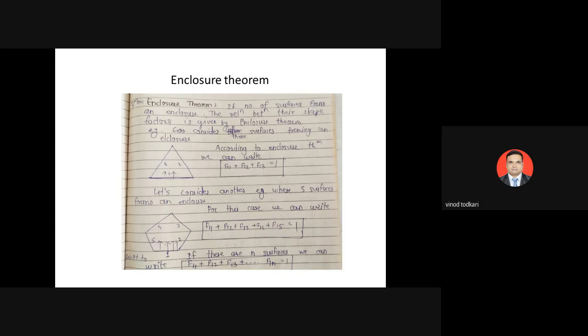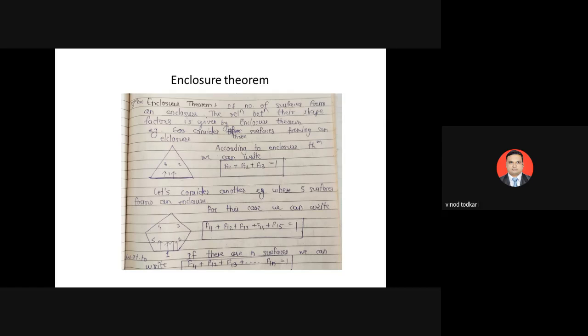Obviously F11 will be 0, because the first law says that for flat surfaces, shape factor with respect to itself is 0. What will be F12? It will be 40 upon 100, so 0.4. What will be F13? 60 upon 100, so 0.6. So if I write 0 plus 0.4 plus 0.6, the total value will be 1. Tell me honestly, is it clear to you?